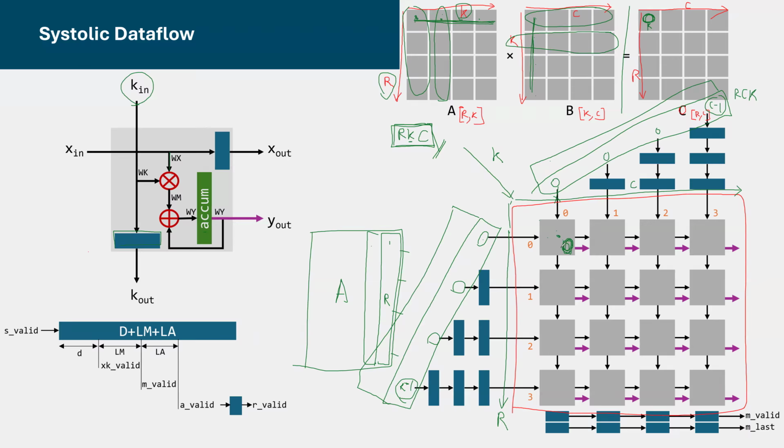Inside here you have a register which holds this k value that goes from the top. You hold it for one clock and then you send it to the next one. And that becomes the input for this next element.